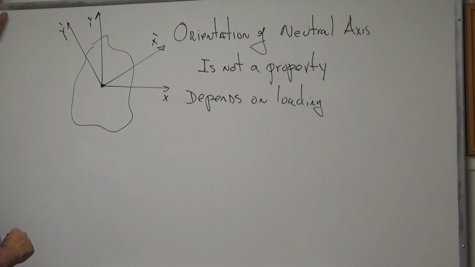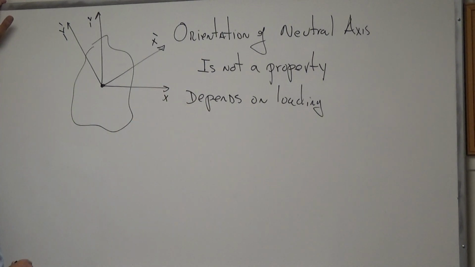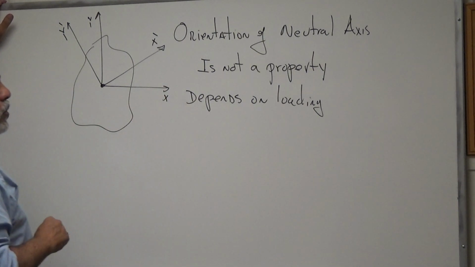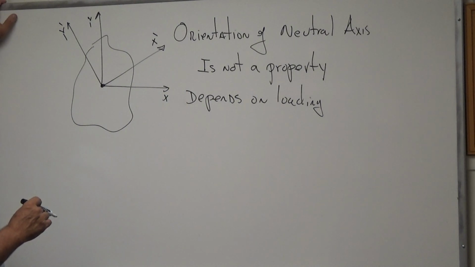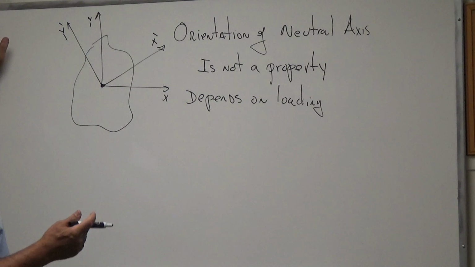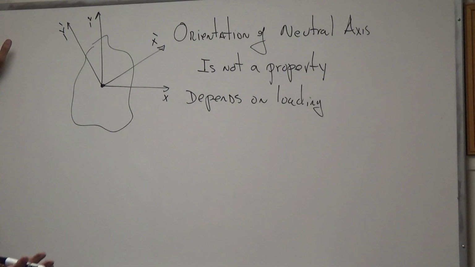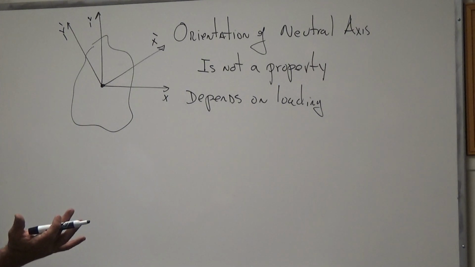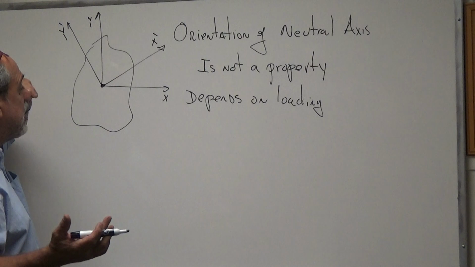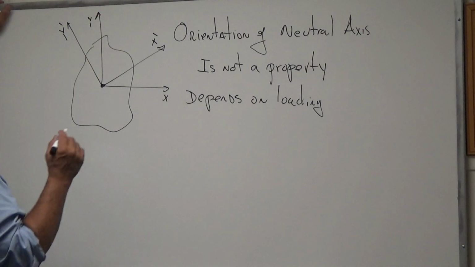And since the neutral axis is a straight line, in order for me to find its orientation, all I have to do is find one more point whose stress is zero. And that's it. If you want to develop a formula, you can, just for the sake of developing a formula. But really, all you need is to say, given my problem, where is a point where the stress is zero, connected with the centroid, and that is the line. But now let's be formal.